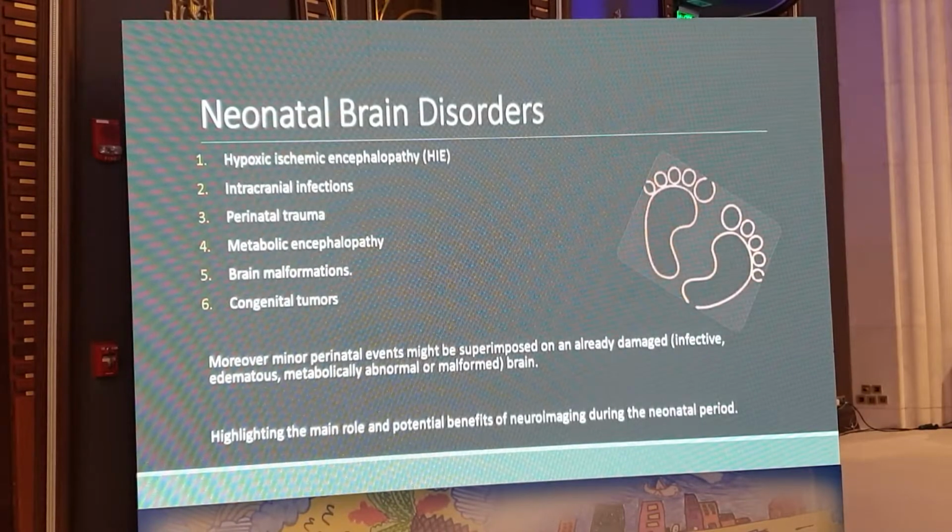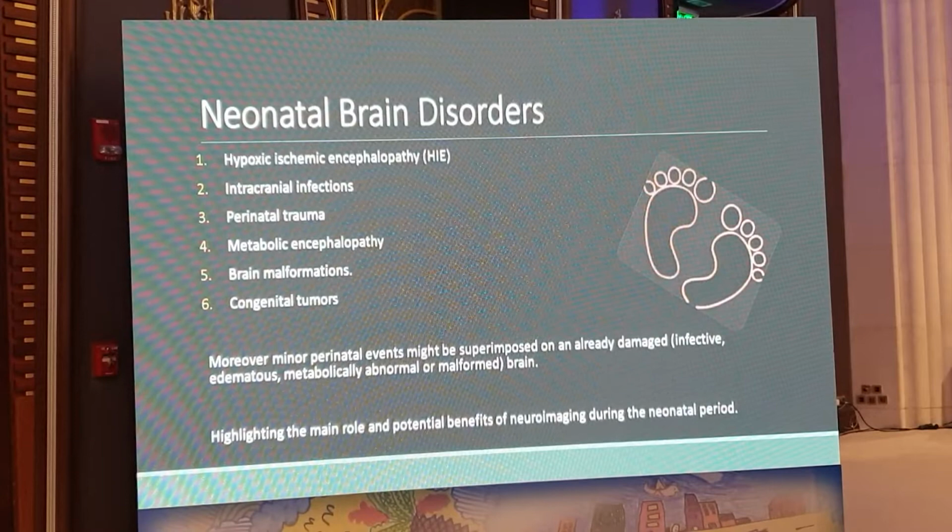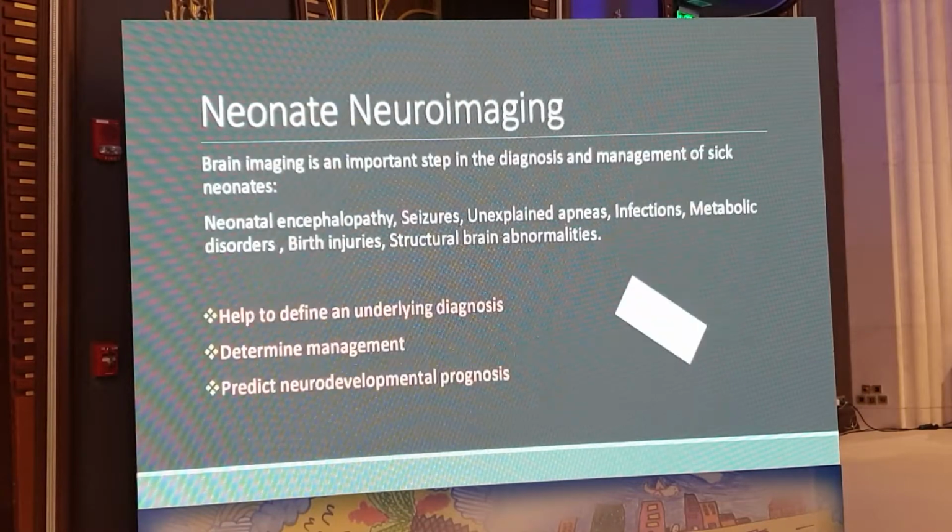Brain disorders are a wide chapter in neonates, and we'll talk mainly about hypoxic ischemic encephalopathy and its main mimickers or differential. Sometimes there is an overlap in the disorders, and most of the time the clinical presentation is non-specific or similar. That highlights the role of neuroimaging.